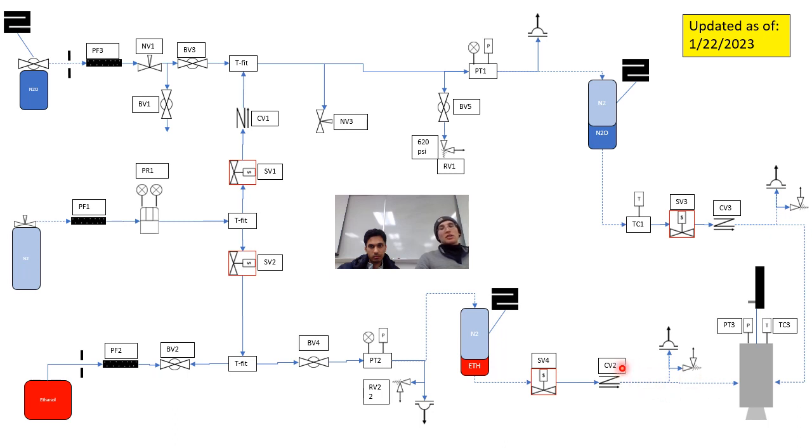So we think CV2 will do a good enough job, and there shouldn't be anything beyond CV2 that could cause a significant enough pressure rise that would interfere with the rest of the system, but it's definitely worth consideration, adding a check valve right in this area.